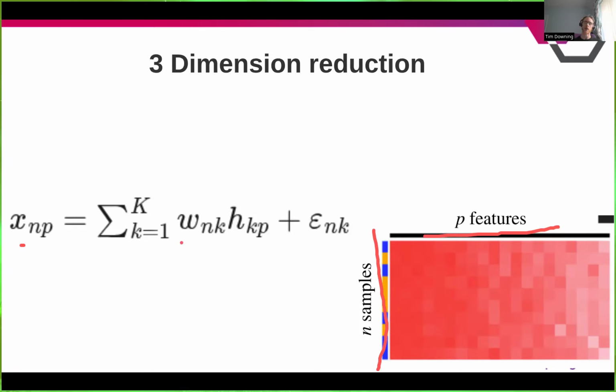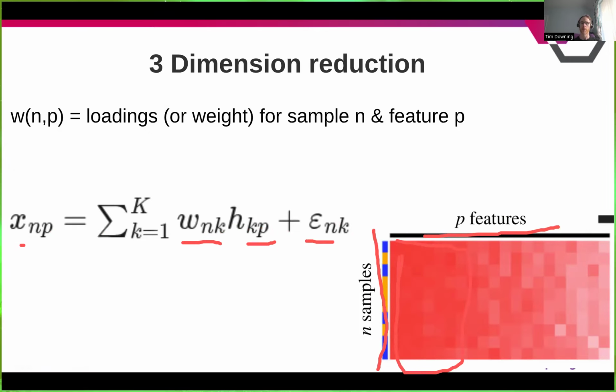We simplify it as two matrices. So we have an n by k matrix, n samples by k features, a smaller subset of the one shown there, and a matrix of size k by p. By multiplying these two matrices, we can obtain X at the end with some sort of error.